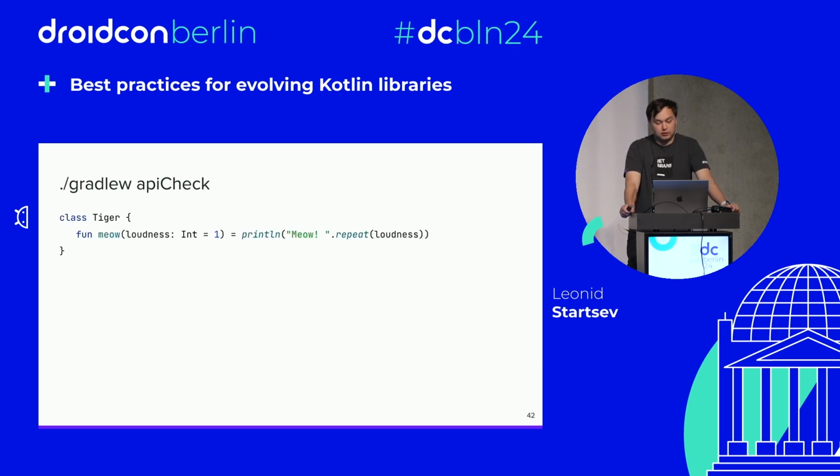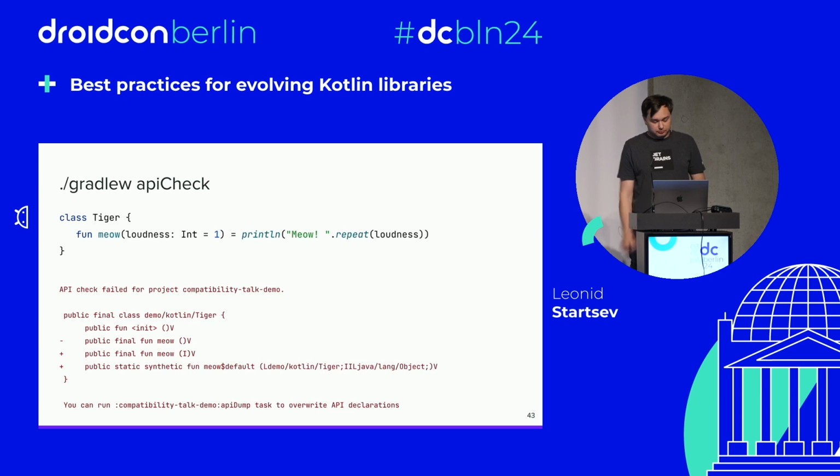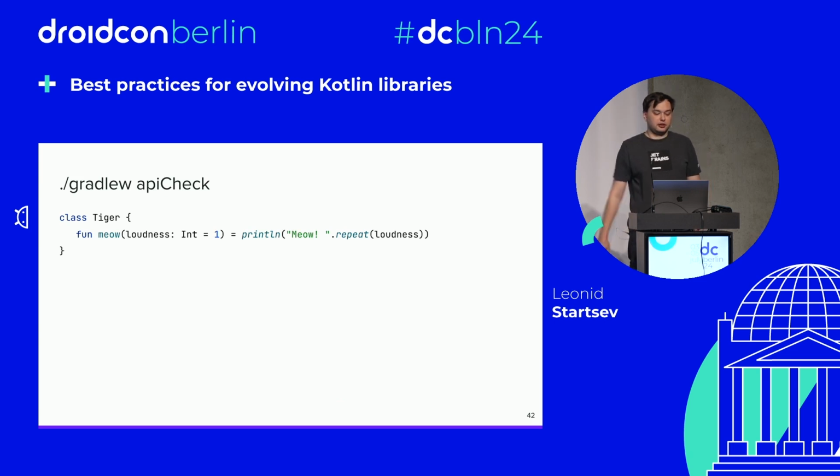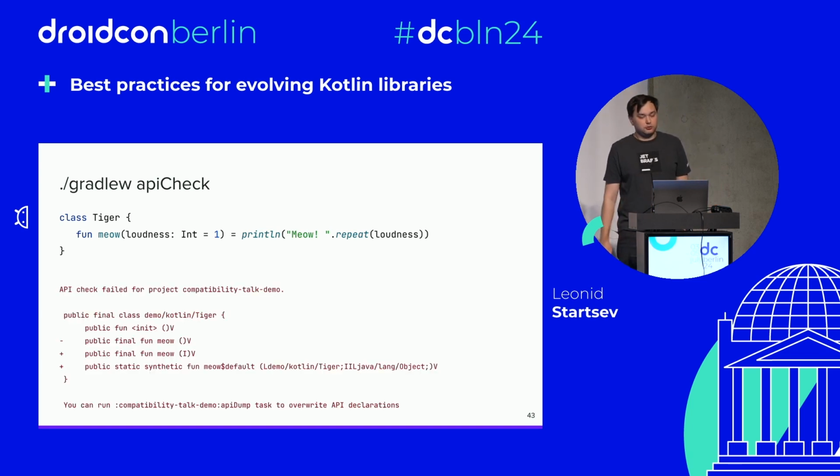Now, what does the other task, apiCheck, do? If we make some changes to the code, like here, adding another parameter to funMal, we already know that this is a binary incompatible change, and when we run the apiCheck task, we can see that the binary compatibility validator actually tells us about it.